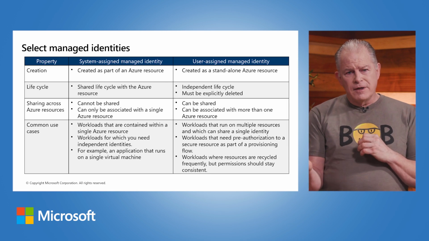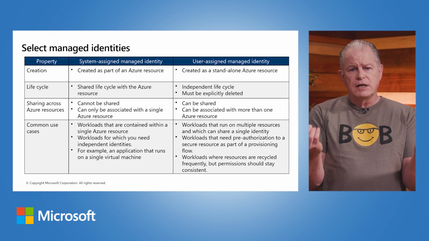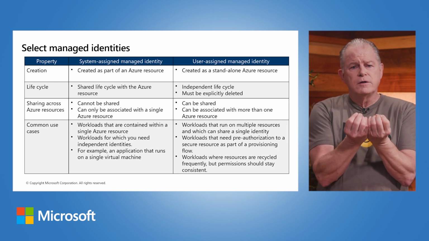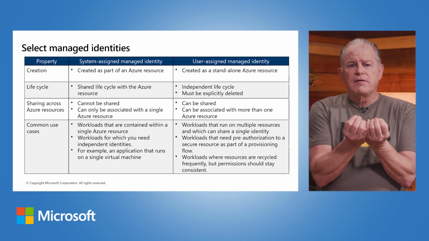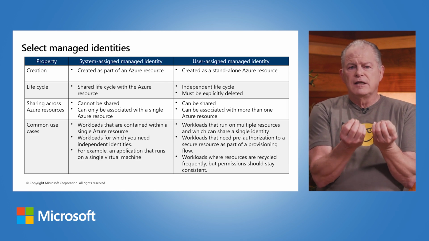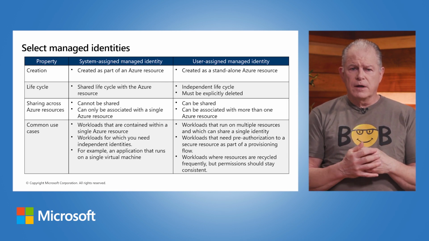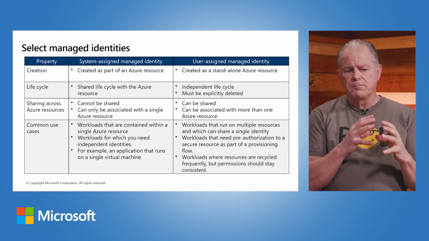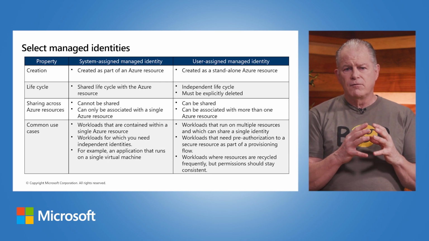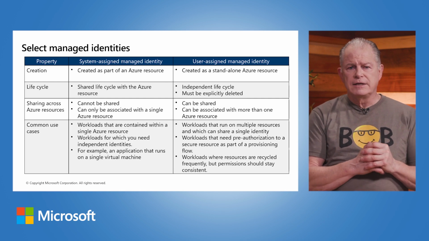One deployment of a system-assigned managed identity to some service or some application, they have a tight coupling. There's a one-to-one relationship, and they live and die together. And that's where you see that second box on life cycles. They share a common life cycle. They get created together. If one gets destroyed, the other one gets destroyed. So it provides a real management perspective of being very clean, that if one disappears, it's not going to leave a lingering identity.